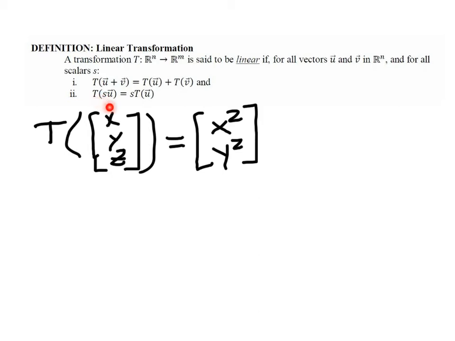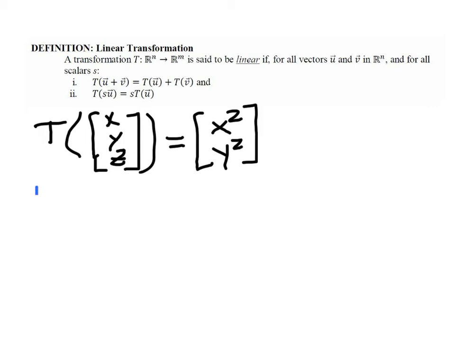And when you apply the transformation to a scalar times a vector, that's equal to the scalar times the transformed vector T of u. Neither of these requirements is satisfied by this given transformation, but I'll go to the quicker one, which I think is the second one.